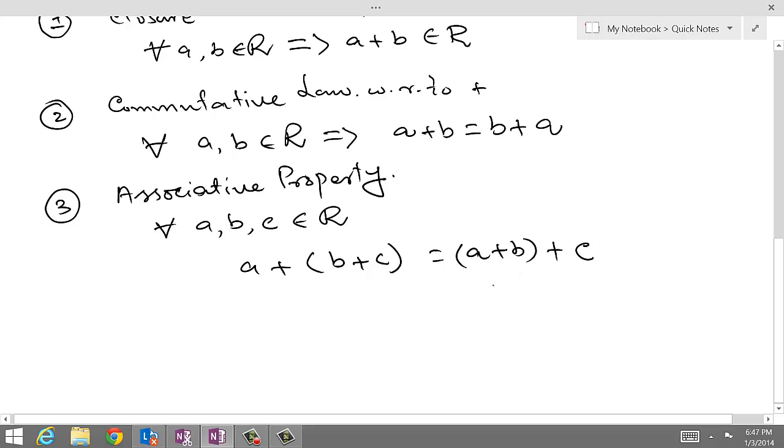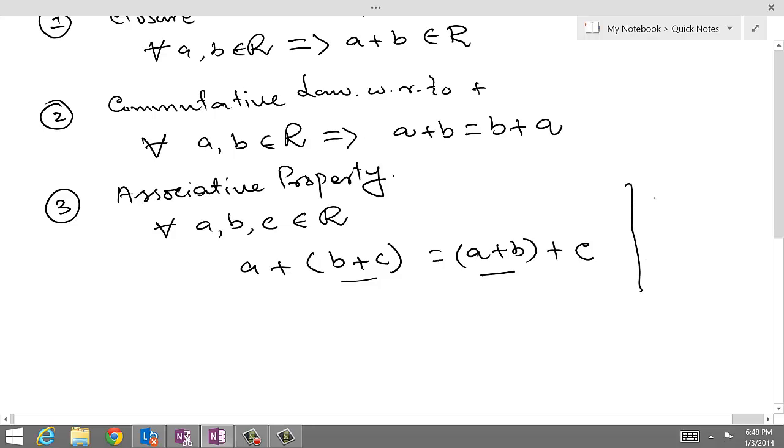What these brackets really mean is that if you take the sum of a and b first and then add c to it, or you add b and c first and then add a to the sum of b and c, the result is going to be the same.